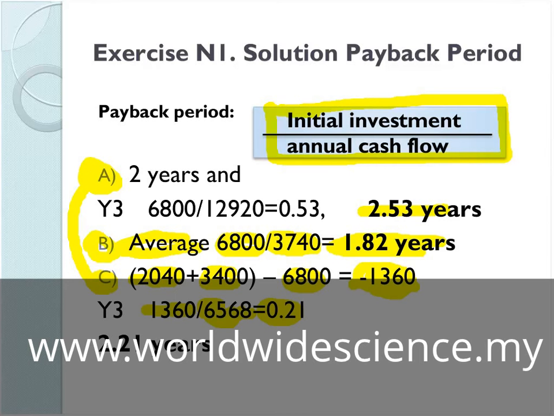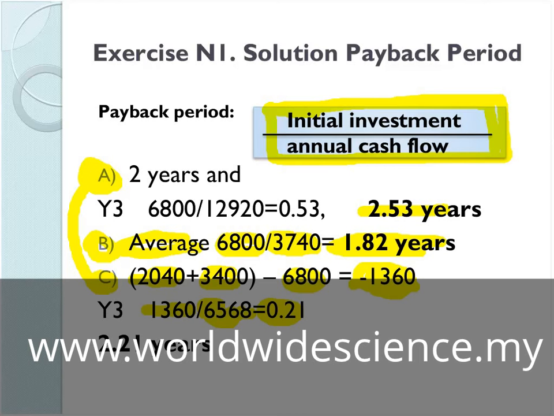Some of you asked me, what is the average of year 3? Okay, listen to me. The formula given to you right now in the presentation, you use when you have an average cash flow. That means when you get the average profit from your project, like every year I will get 1,000. It remains the same, and you can just use the formula as given. But when you have different profits in the 1st year, 2nd year, and so on, you should first see how much you invested and deduct the profit of the 1st year.